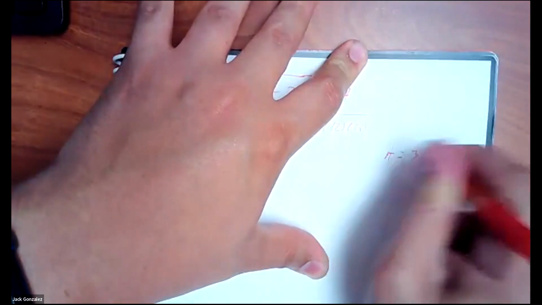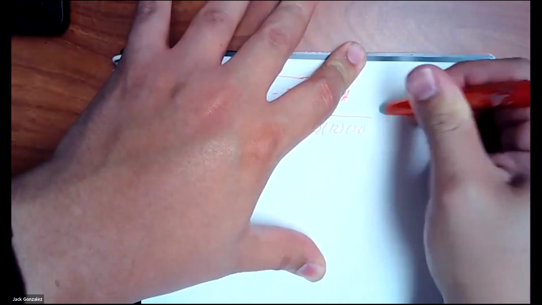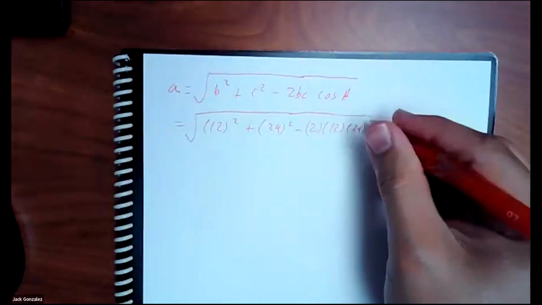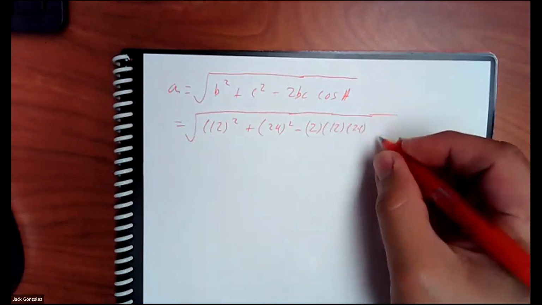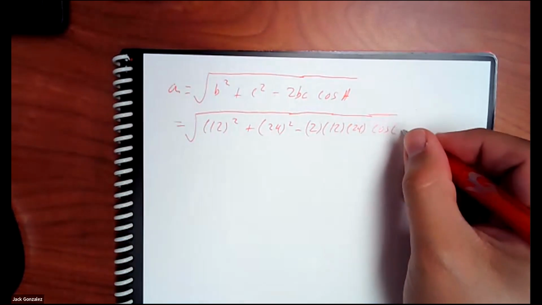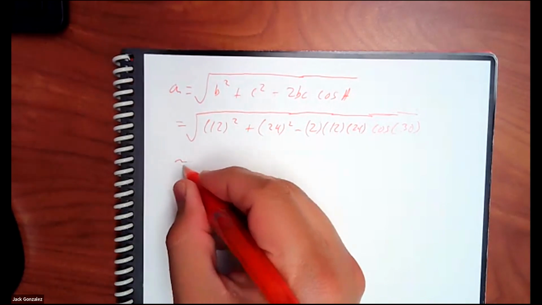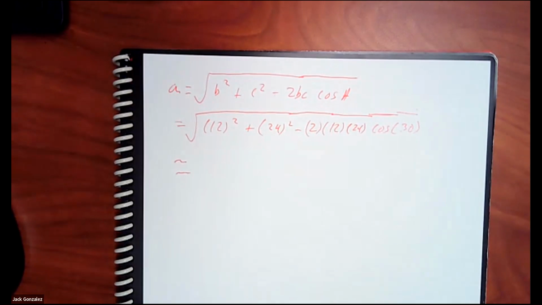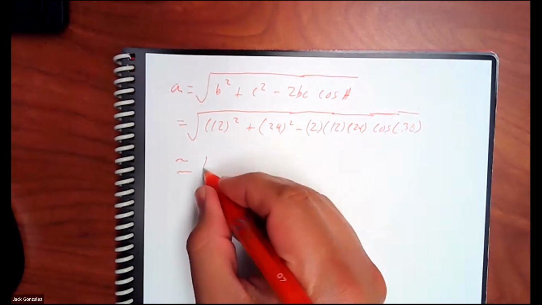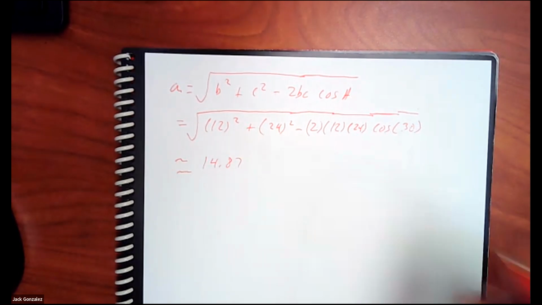Darn it. Times cosine, was it 30? Okay. So this should give you the side on your calculator, which I believe they said was 14.87. So it'll round to 2 decimal places, 14.87.